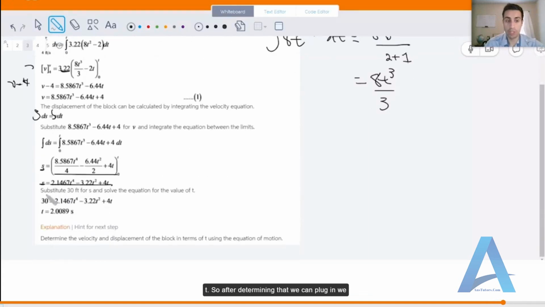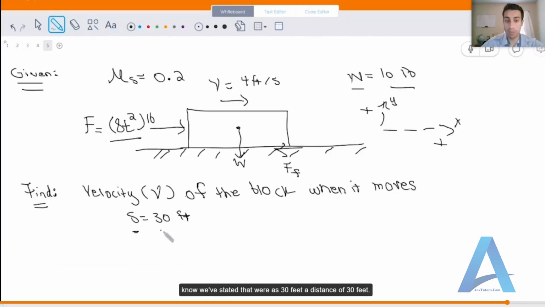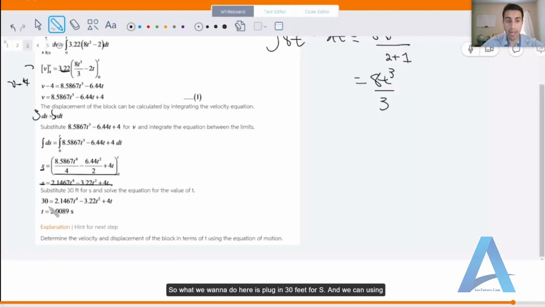After determining that, we plug in the distance of 30 feet for s. Using this equation, we can solve for t, and we get t to be 2.0089 seconds.